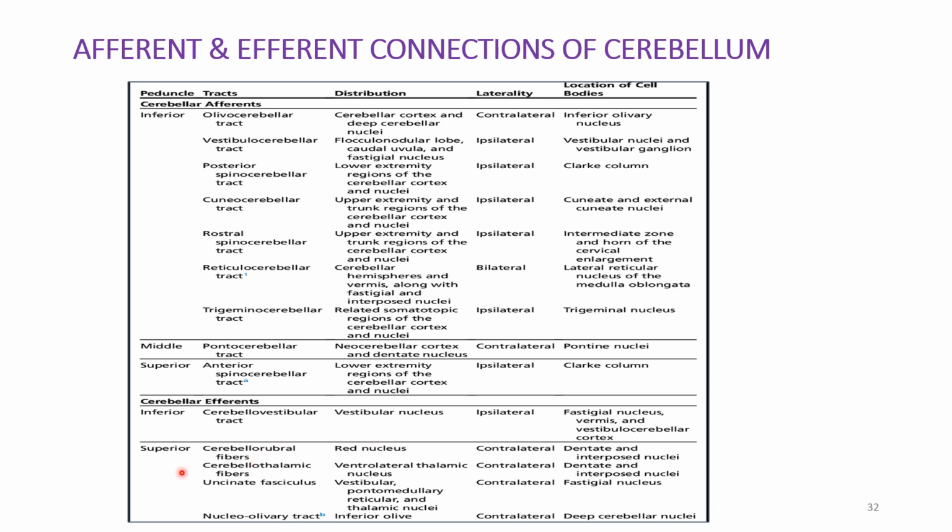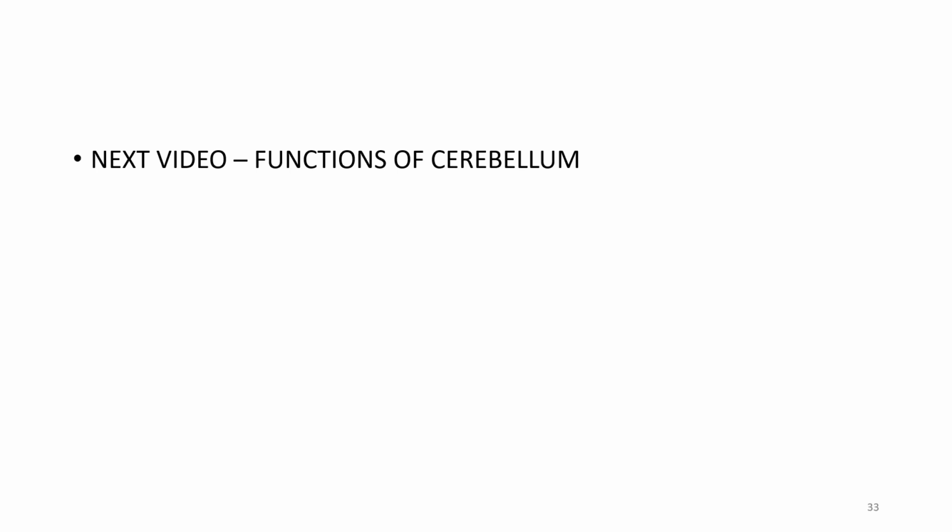And from the superior, we have cerebellorubral, cerebellothalamic, uncinate fasciculus, and nucleo-olivary tracts. They all go to their concerned positions. The next video is about the functions of the cerebellum.